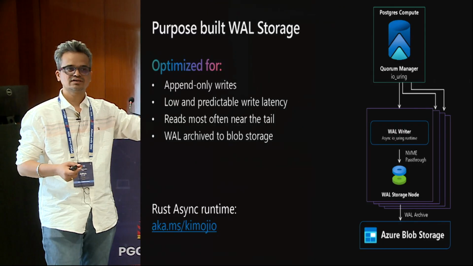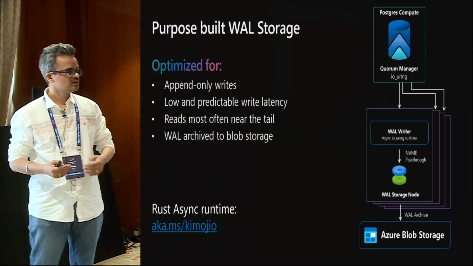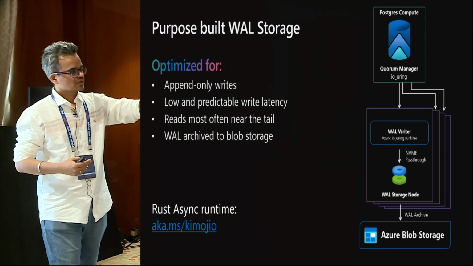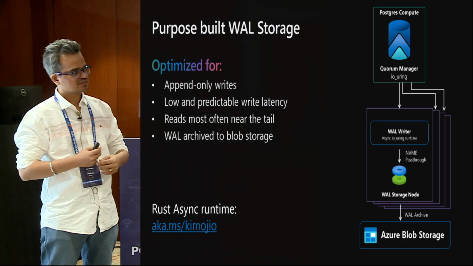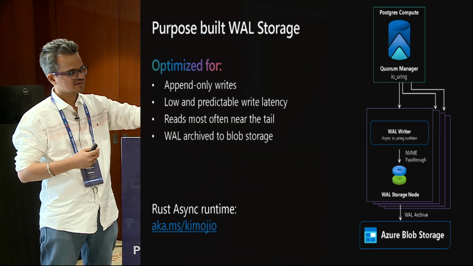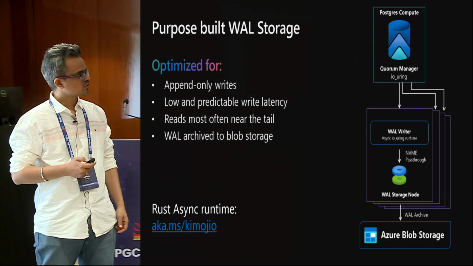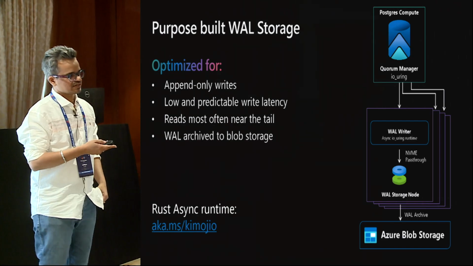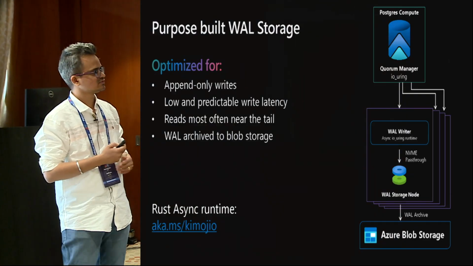You can go over it and read much more about Kimojio, which is on top of io_uring, and it has the local NVMe SSD, and whatever the transaction data is, it gets archived to Azure Blob Storage. So it has low and predictable write latency overall with this architecture.